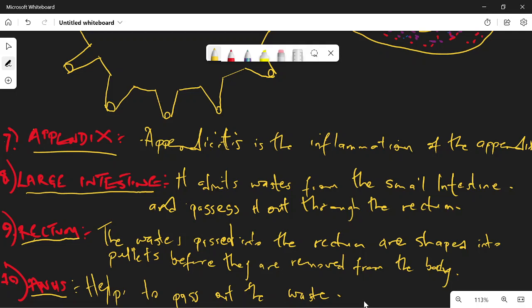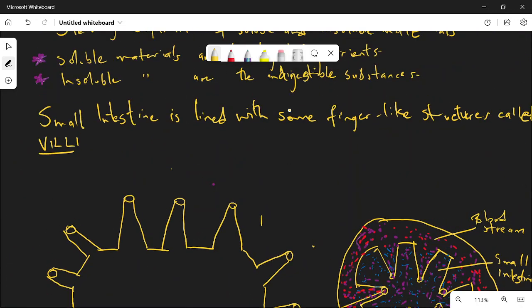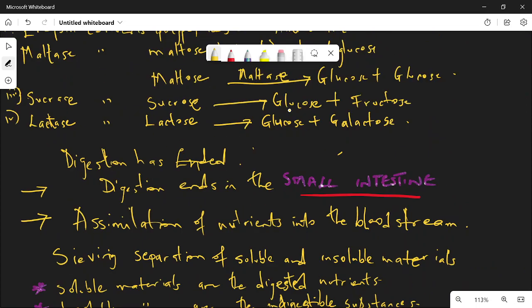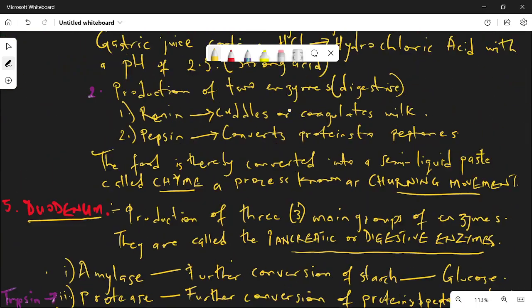No, the gastric gland is in the stomach, not in the small intestine. Do you understand that? Yes, sir. Sorry, the stomach, please.